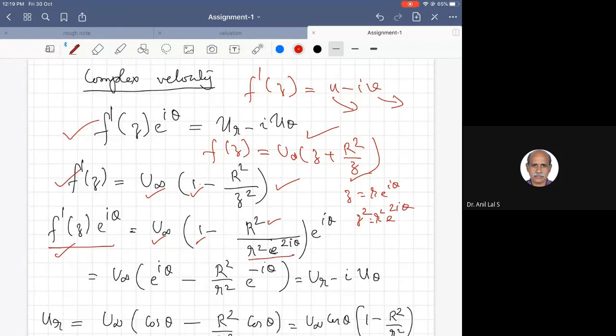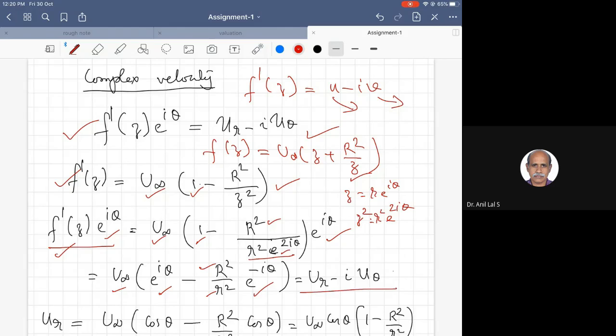So r squared e raised to 2 i theta into this e raised to i theta. So that is u infinity into e raised to i theta minus r squared by r squared. There is a 1, e raised to i theta will cancel and you will have a remaining 1 e raised to i theta in the denominator. That becomes e raised to minus i theta.